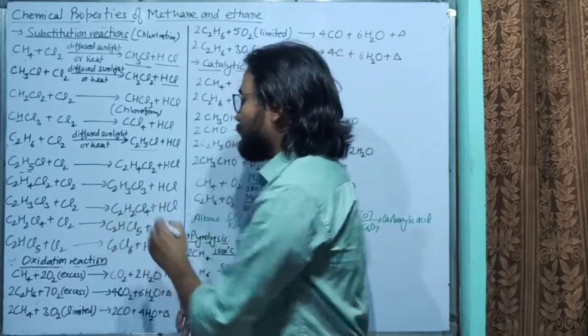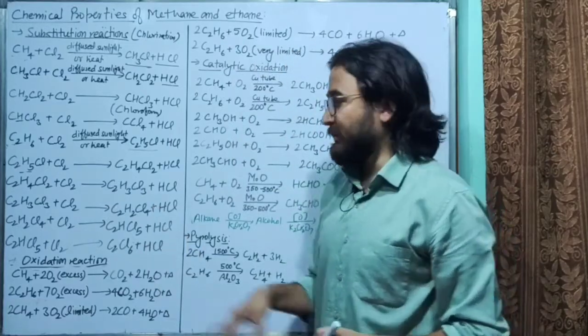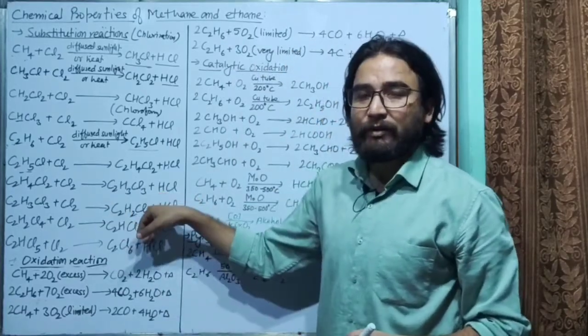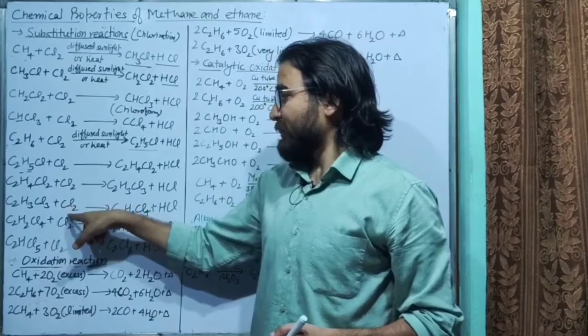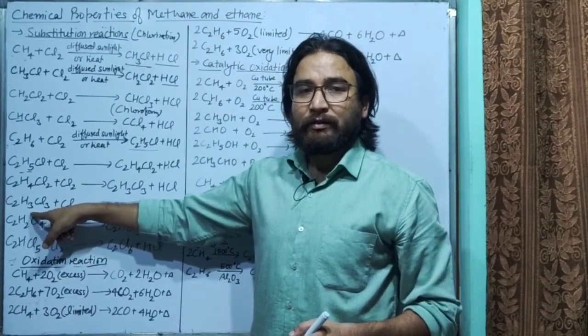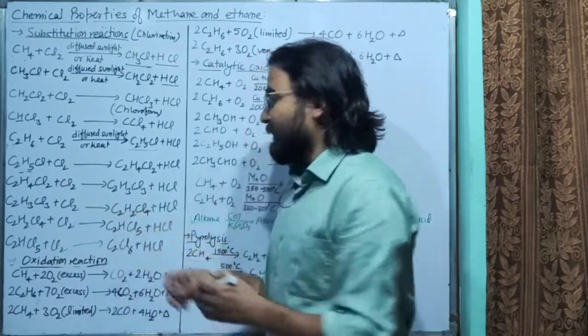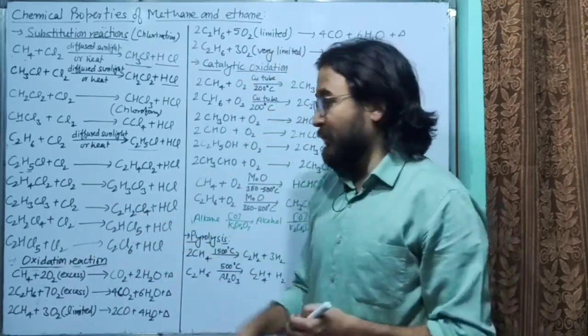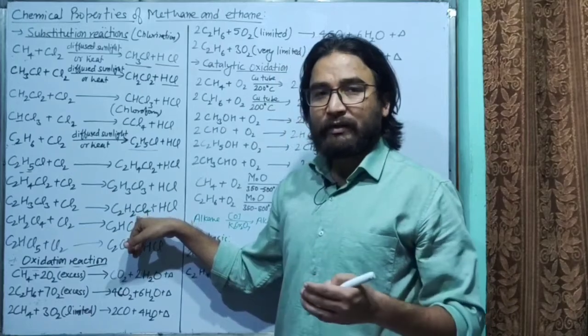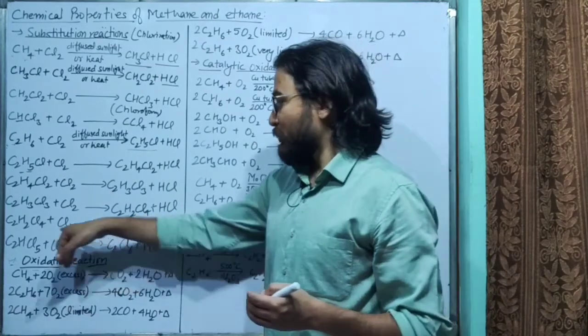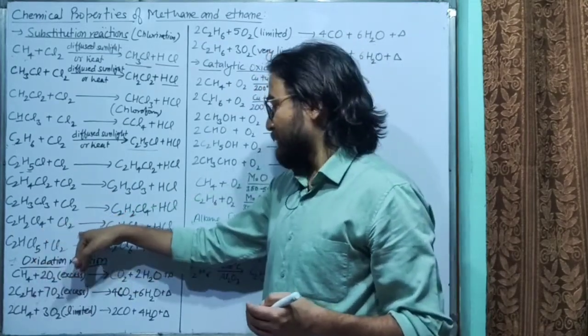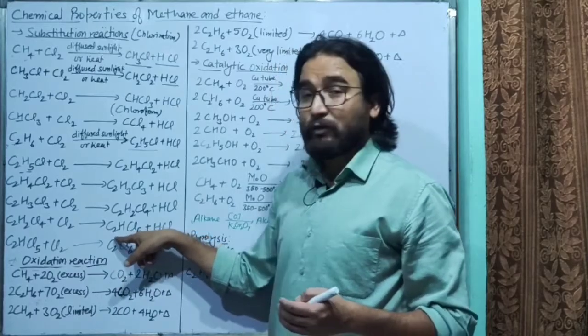It will form C2H3Cl3, that is trichloroethane plus HCl. One more chlorine atom is taking the place of a hydrogen atom, so it will form tetrachloroethane. There are 2 hydrogen atoms there, so one more hydrogen atom can be replaced by chlorine, so it will form pentachloroethane.